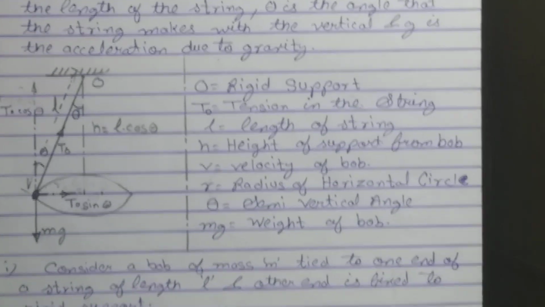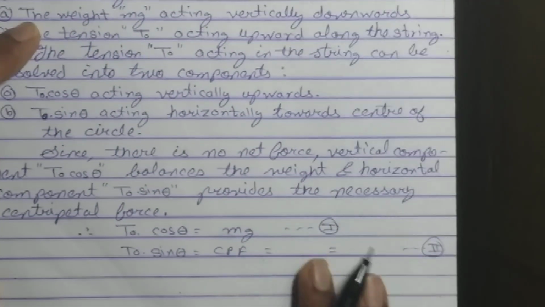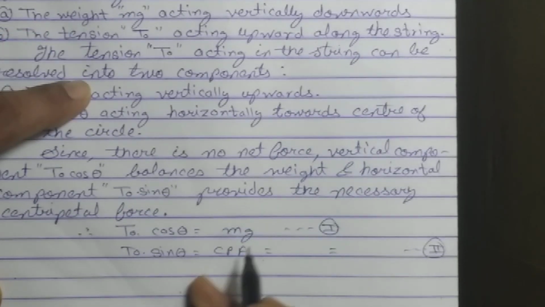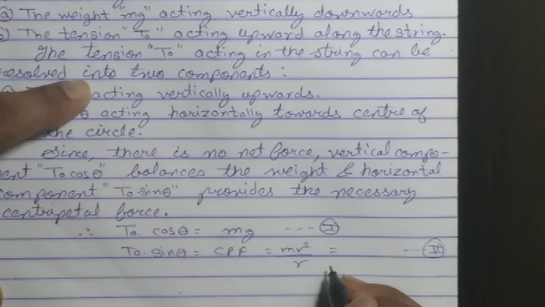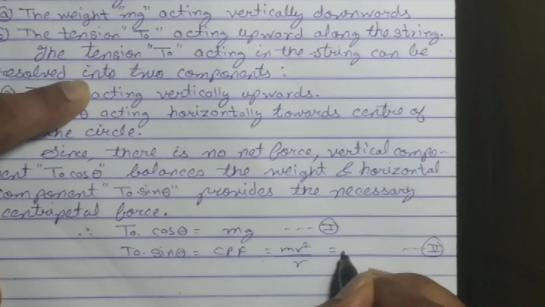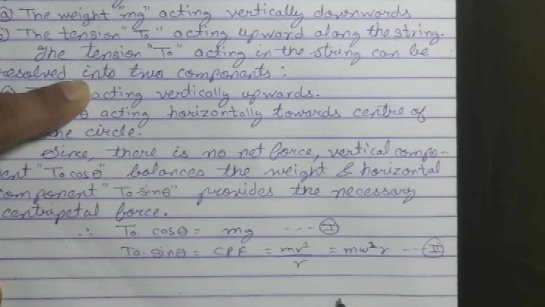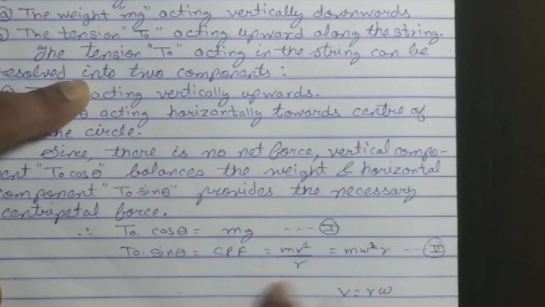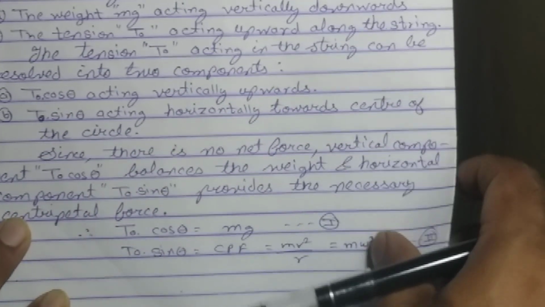So we can write T0 cos theta equals mg, and T0 sin theta equals the centripetal force, which is given by mv square upon r. We can also write m omega square r, if I put v equals r omega. These are the two expressions for equations number 1 and 2.